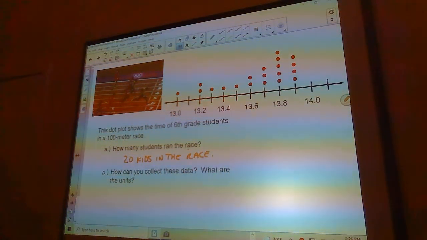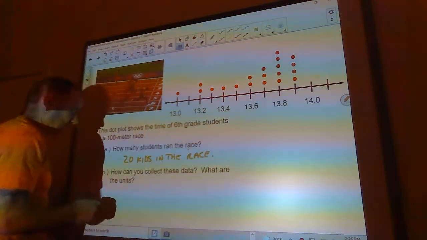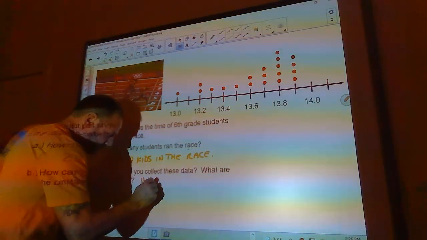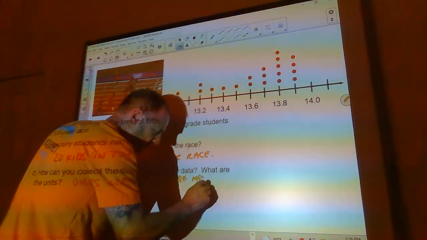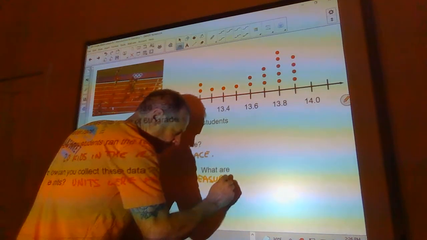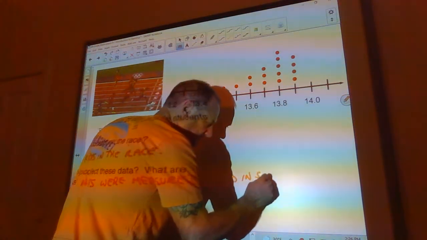How can you collect these data? What are the units? Well, looks like the units are in seconds. So units were measured in seconds.